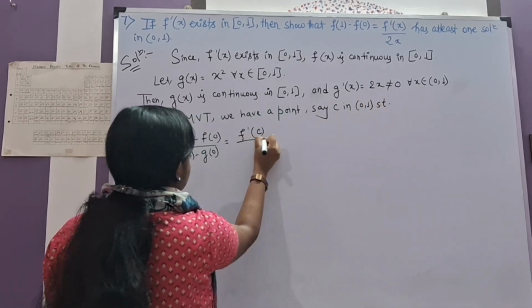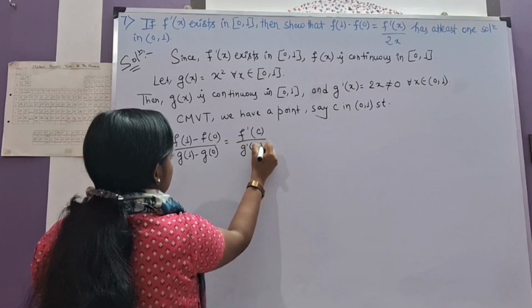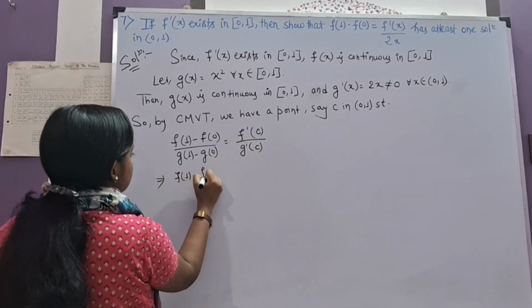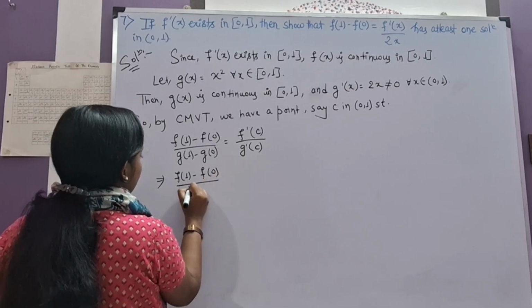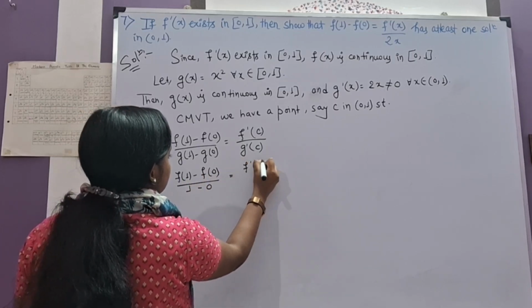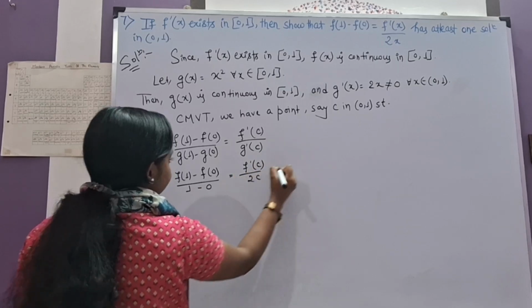So this implies (f of 1 minus f of 0) by (1 minus 0) equal to f dash of c by 2c.